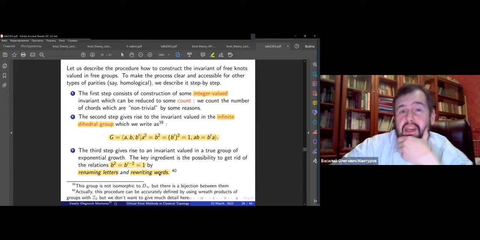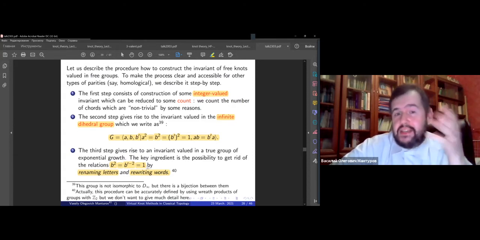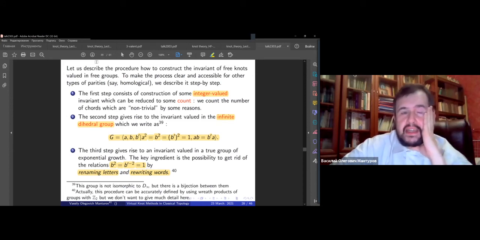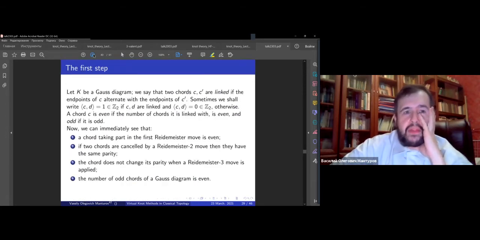Well, and actually, from the algebraic point of view, we can say that there are some actions of Z2, and we can get one skew product, two skew products, but I don't want to say much detail about that.